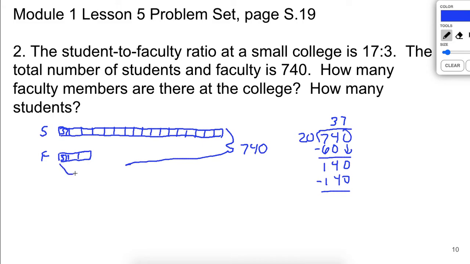So this we would get by 3 times 37. And this we would get by 17 times 37. So 3 times 37 would be 90 plus 21, which would be 111, I guess. I think.